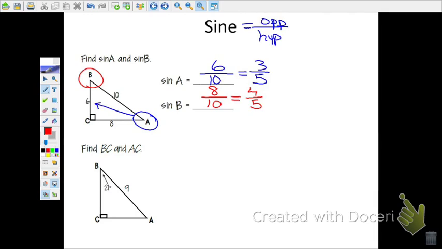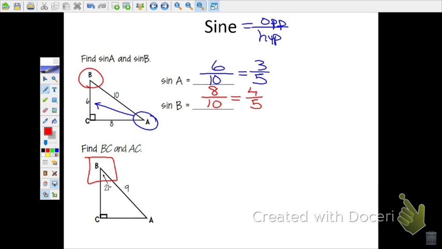Now we only have one of the 3 sides, and we have an angle measure. Just like with the first problems, when we had to look at the angle to figure out opposite and adjacent, with this first problem, we're going to focus on that angle B because we know it has a measure of 21.